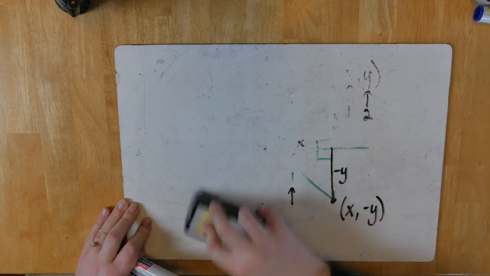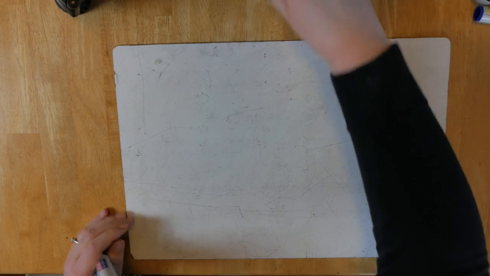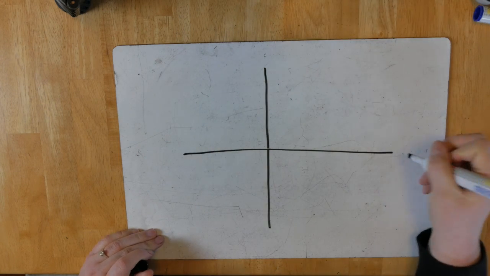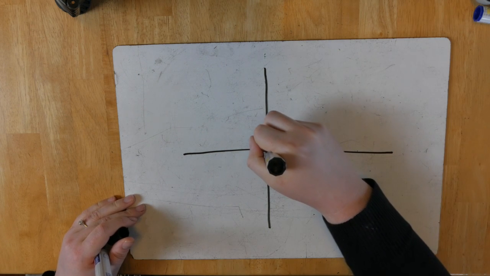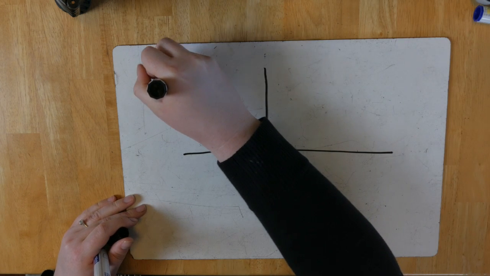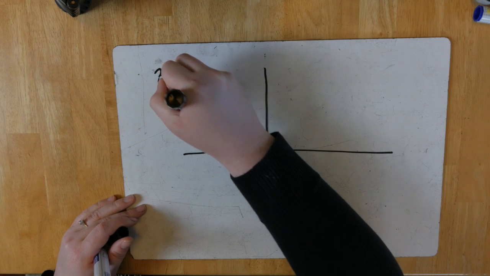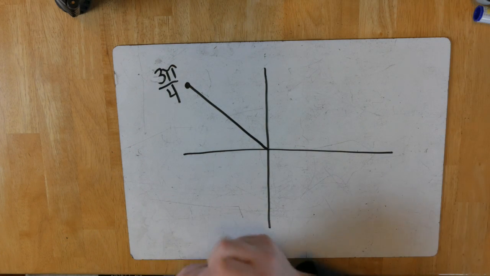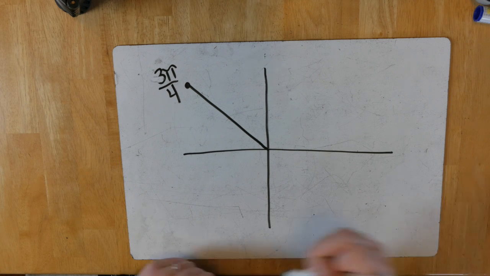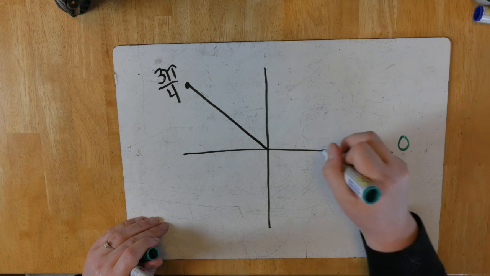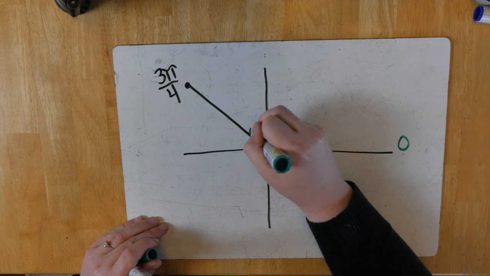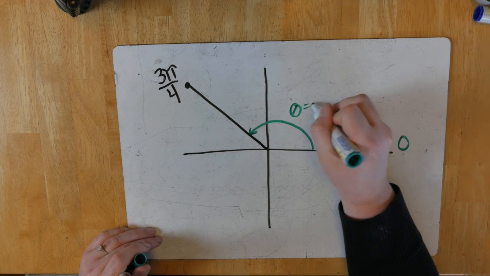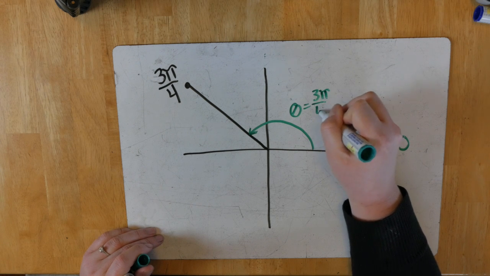All right. The next thing that I also understand can be confusing is, say we're looking at the angle 3 pi over 4, which we got to by starting at 0 radians and traveling this rotation and creating that angle where theta equals 3 pi over 4.